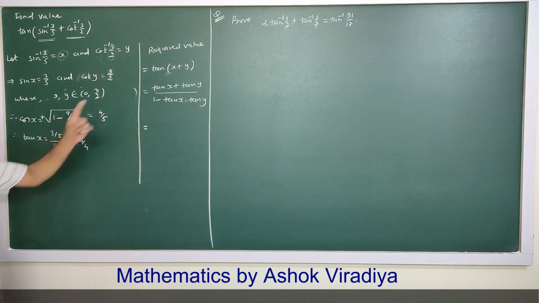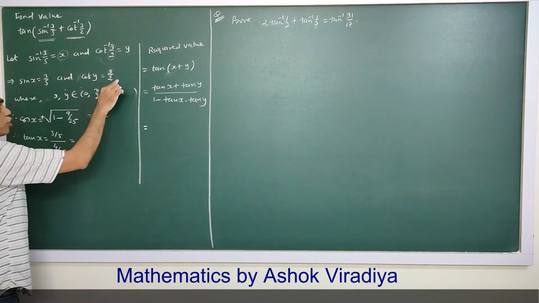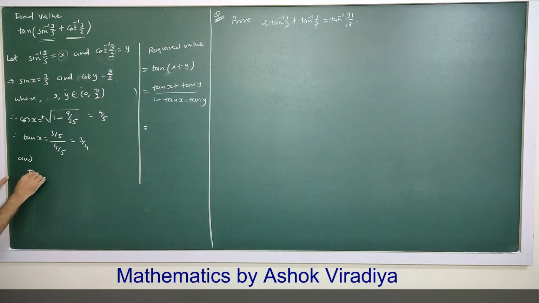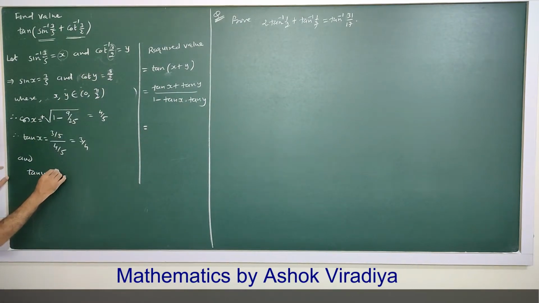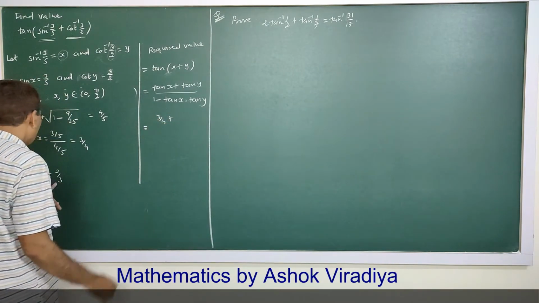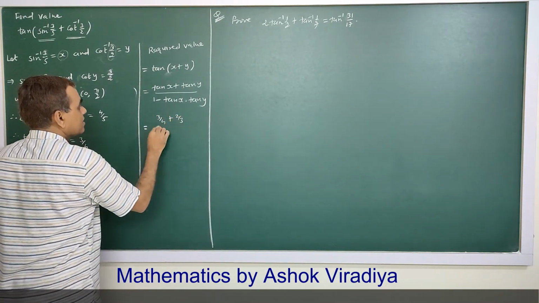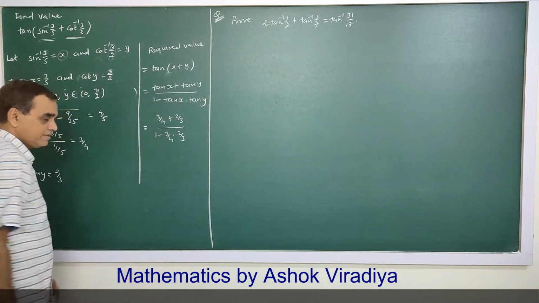We obtain the value to put here. Tan x is 3 by 4. And from cot y, which is 3 by 2, tan y is its reciprocal, 2 by 3. So putting these values here, tan x is 3 by 4, tan y is 2 by 3, 1 minus 3 by 4 into 2 by 3.